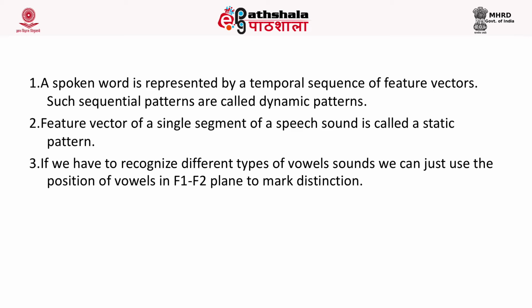For example, a speaker might have stressed a syllable, resulting in a relatively longer duration of that syllable. So, in that case, we need a mechanism called non-linear warping of a reference sequence with the test sequence.